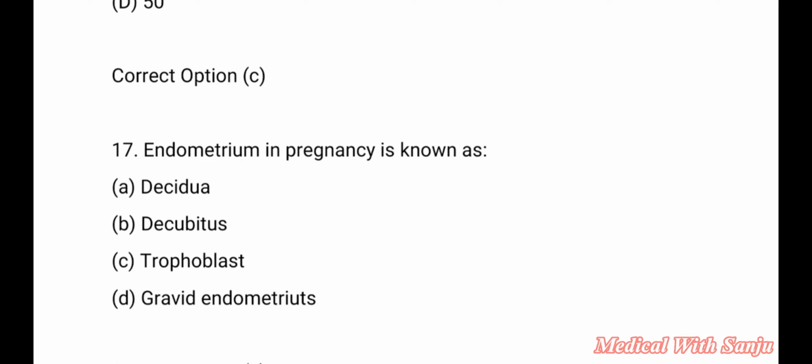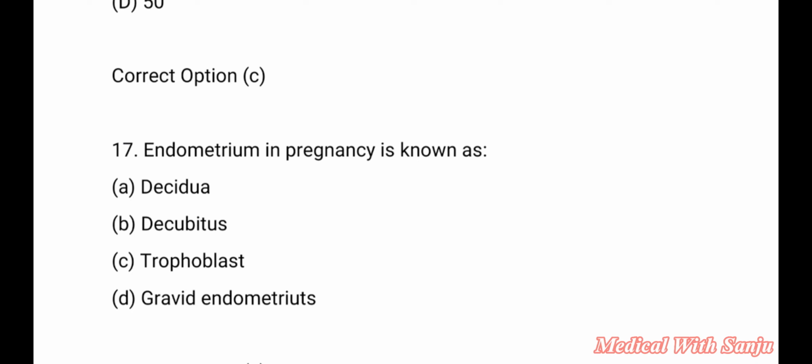Question number 17. Endometrium in pregnancy is also known as option A, decidua, option B, decubitus, option C, trophoblast, and option D, gravid endometrium.